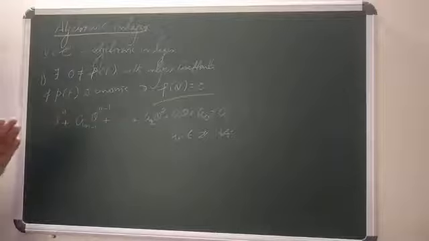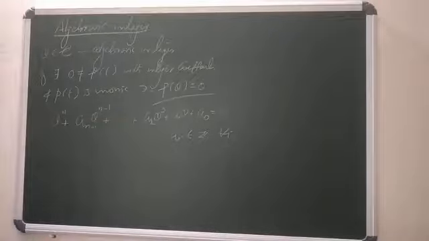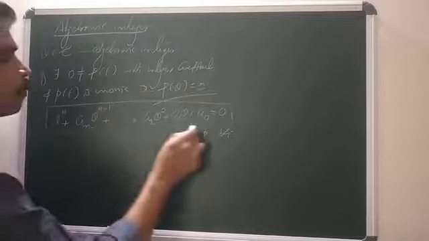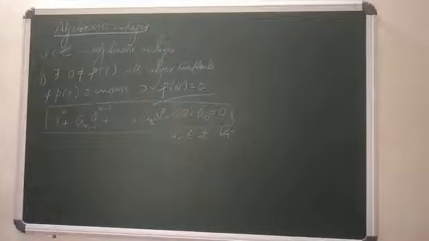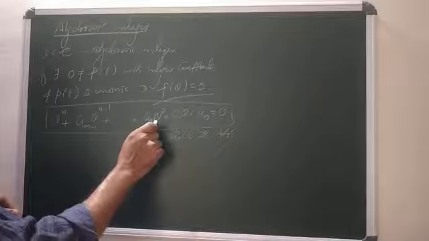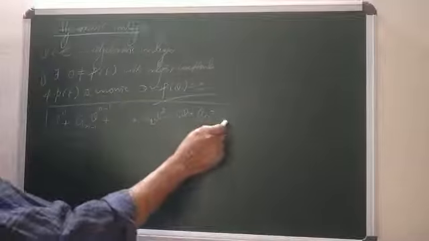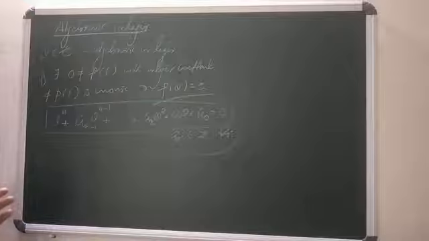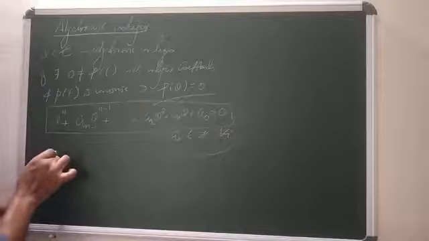So theta is an algebraic integer means there exists a monic polynomial equation, theta power n plus a n minus 1 theta power n minus 1 plus etc. plus a2 theta square plus a1 theta plus a0 equals 0, where all ai are integers. Then the complex number theta is said to be an algebraic integer.